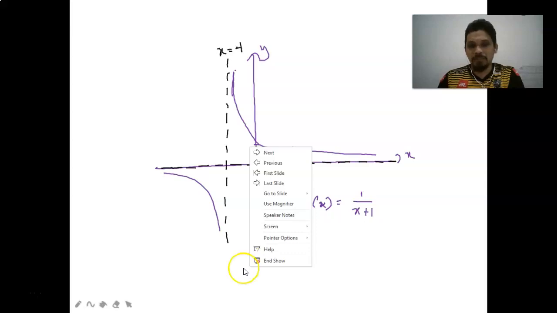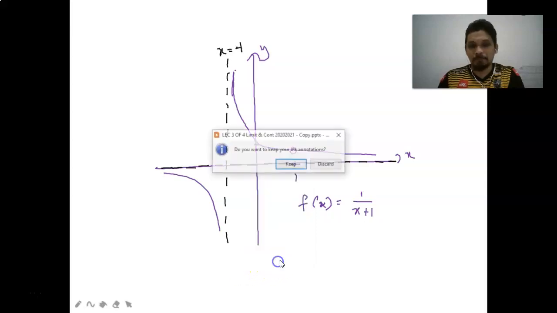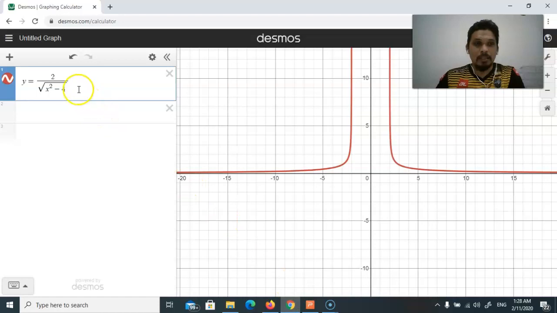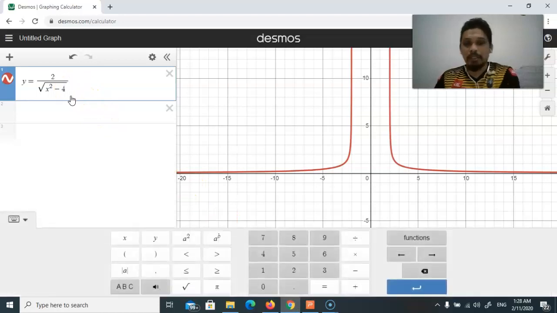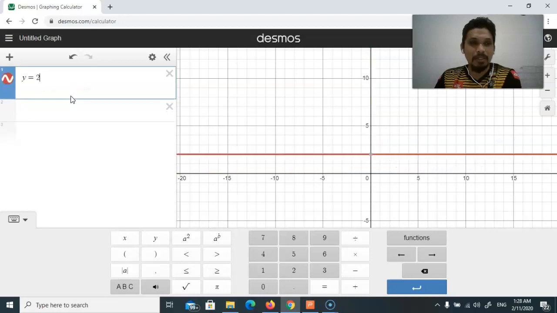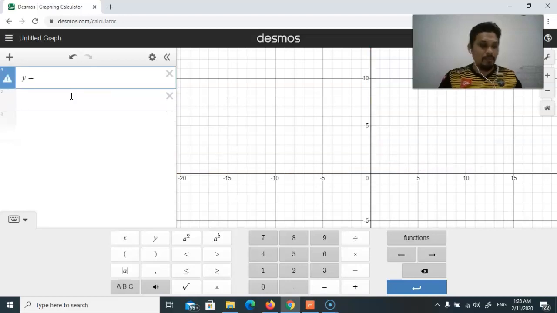I'd like to show you something. There's one website that can help us find the graph that we're looking for.